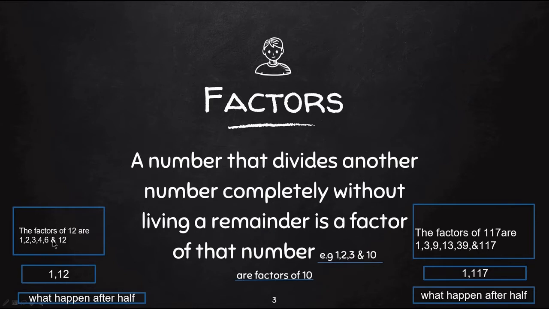What is half of 12? 6. The next number that comes after half is 12, which is the number itself. Here also, this is half of 117, and the next number is 117.